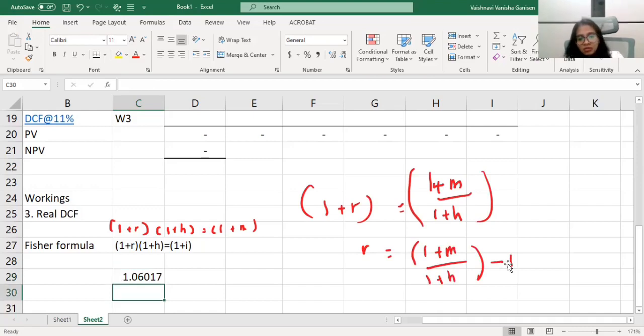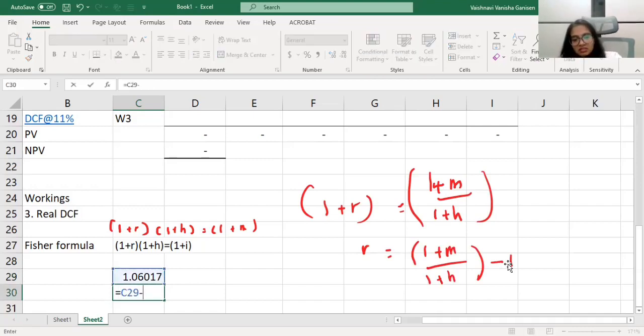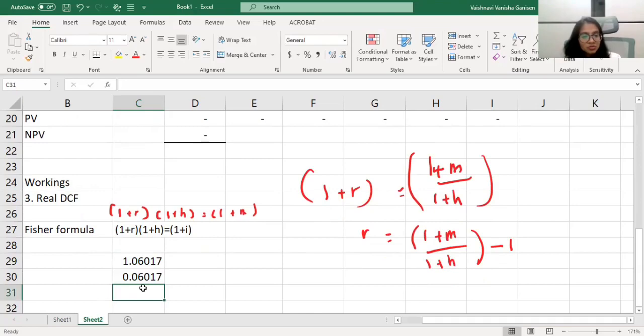Okay, now this minus 1 is equals to 1.06. So for the purpose of your examination, you can round it down to 6%, or you can use the total 6.02.